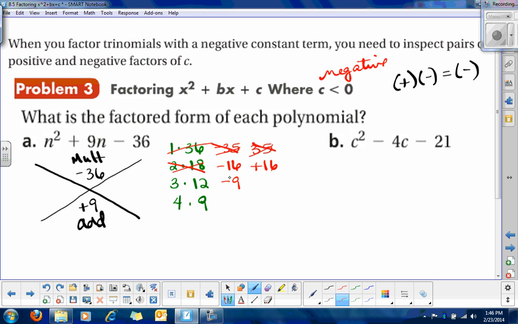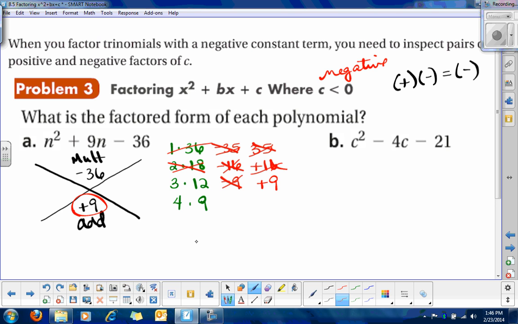If I have a... so that's not right. This one, nope, that's not right, because we want to have a positive 9, right? So let's see, let's have a negative 3 plus a positive 12. That's going to give me a positive 9. Is that what I want?